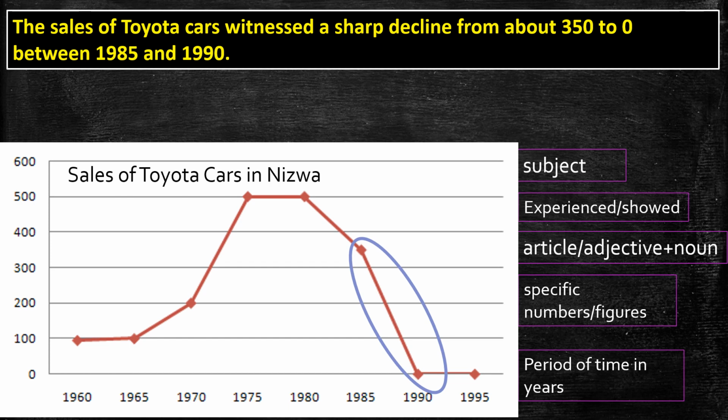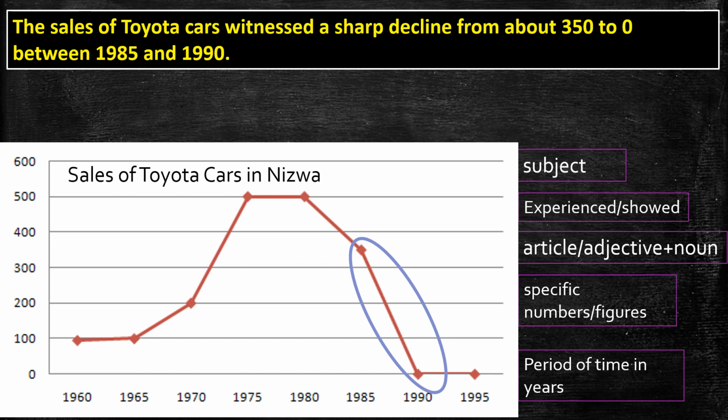And why decline? Because it is a downward trend. The line is coming down. From how much? From about 350. Again, I have used the word about here because we don't know exactly if it is 350 or 340 or 360. That's why about 350 to 0. And finally, the time period between 1985 and 1990.